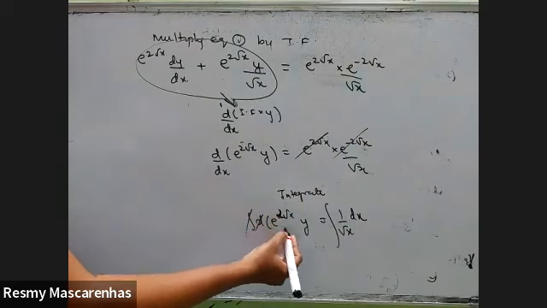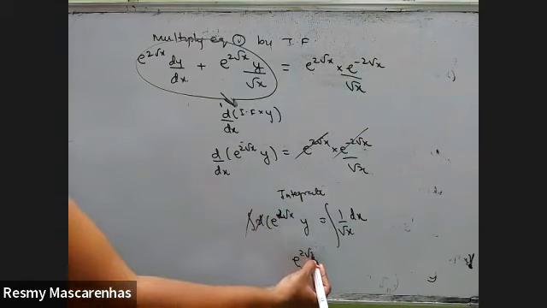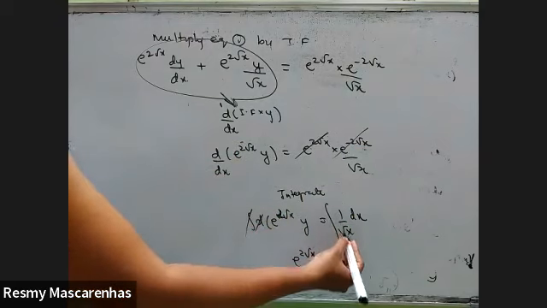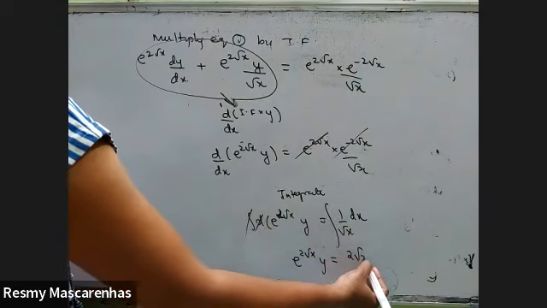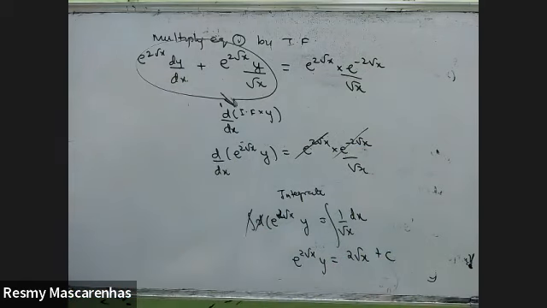So this side you don't have to integrate. Integral of 1 upon 2 root x is 2 root x. That is the answer.